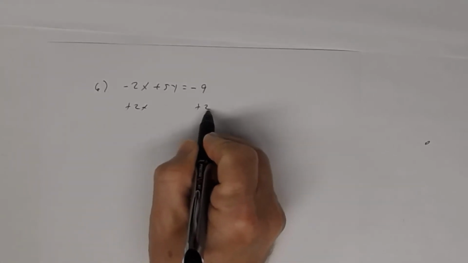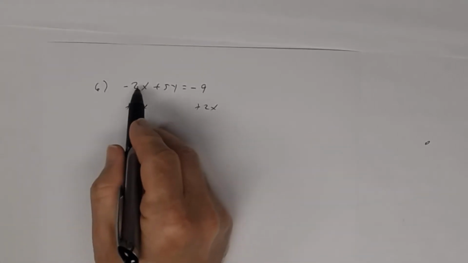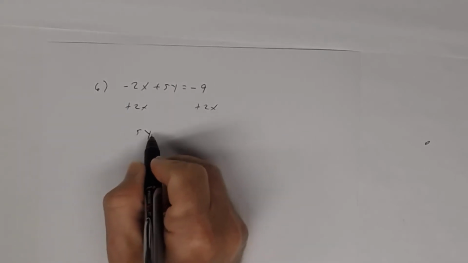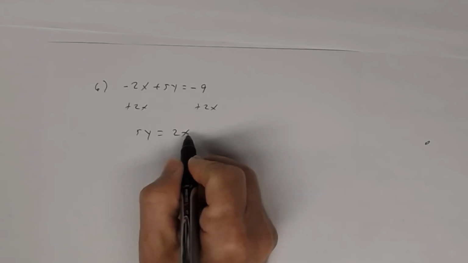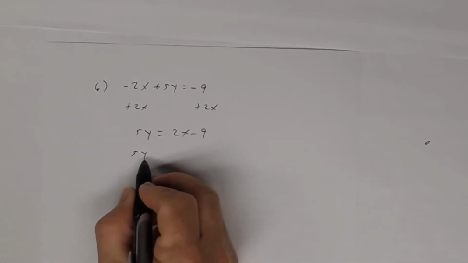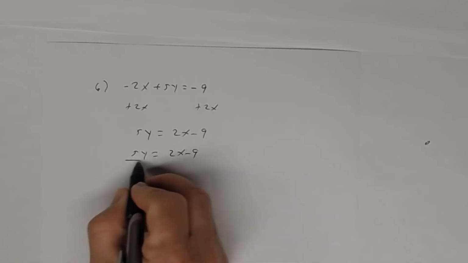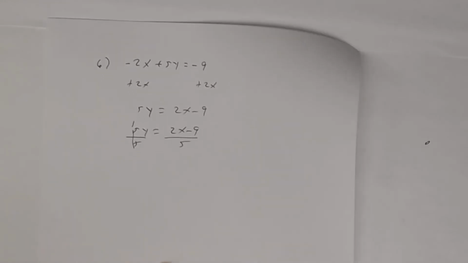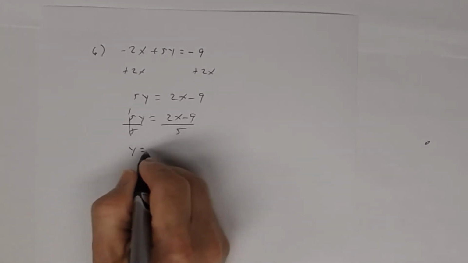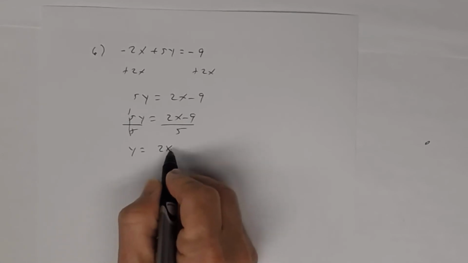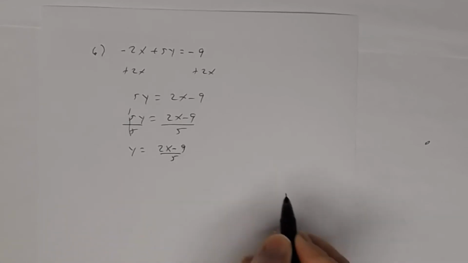When I do that, the negative 2x and 2x is 0, so you get 5y equals 2x minus 9. Okay, so now I'm going to divide both sides by 5. 5 divided by 5 is 1. 1 times y is y, equal to (2x minus 9) divided by 5, right?